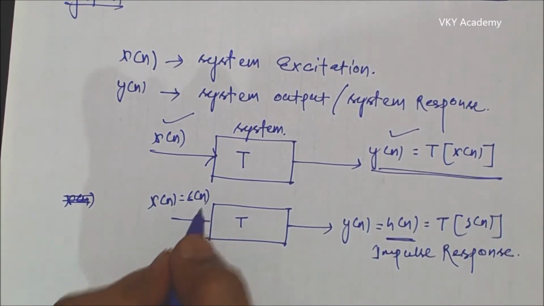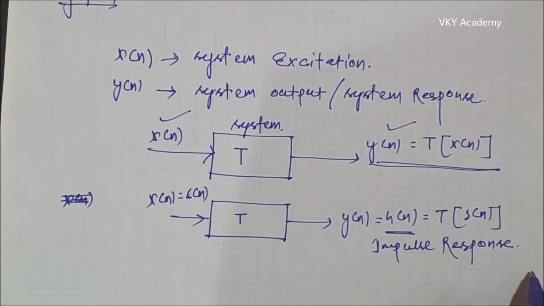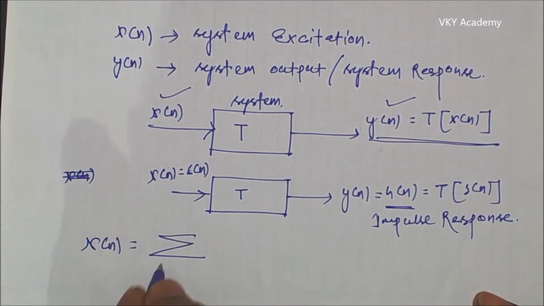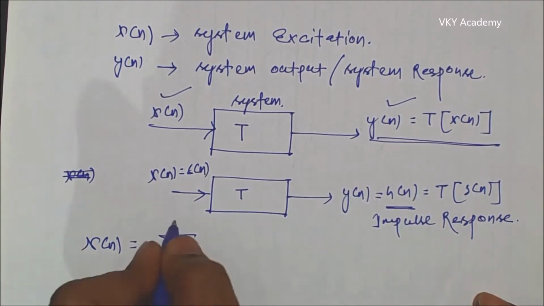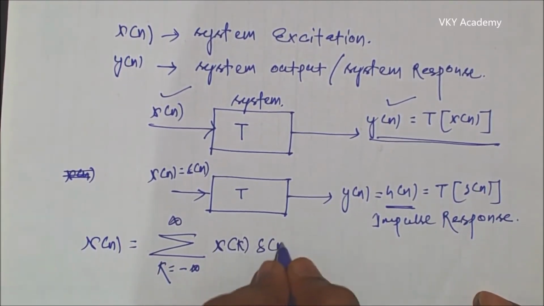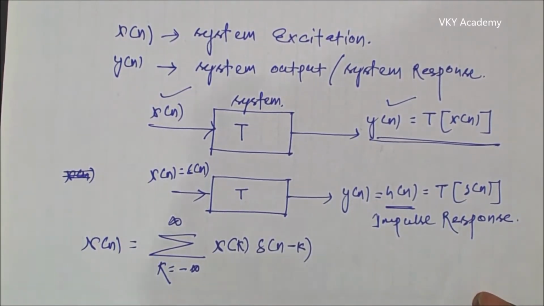The moment you provide delta of n, or impulse function, as an input, the response will be the impulse response, represented with h of n. And we have also discussed in the previous session that any arbitrary sequence x of n can be represented as a weighted sum of discrete impulses, that is, summation k equals minus infinity to infinity x of k delta of n minus k. This we derived in the previous class.